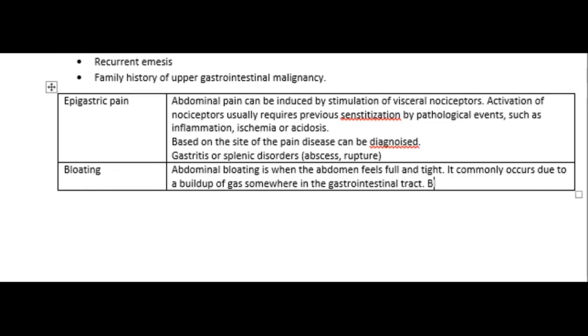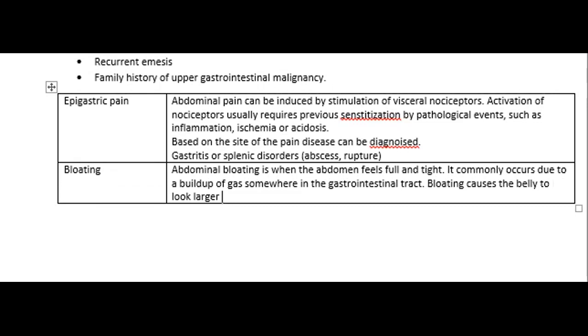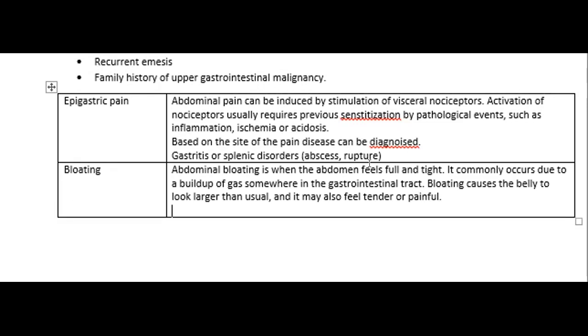The bloating causes the belly to look larger than usual, and it may also feel tender or painful. This is called bloating.